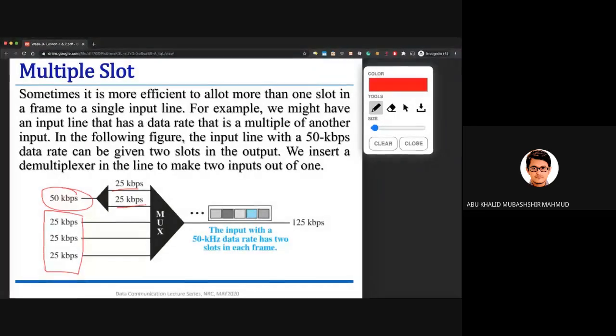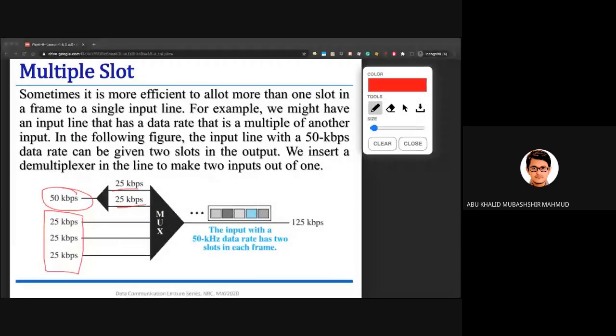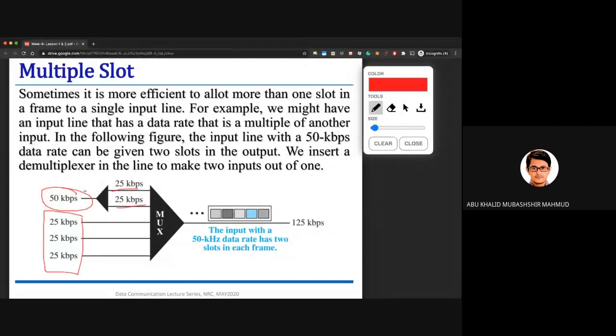So this 50 kbps is demultiplexed into two slots of 25 kbps each, and it behaves like two different inputs for the final mux here.